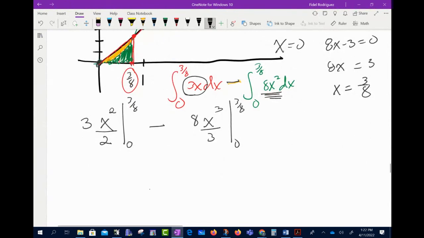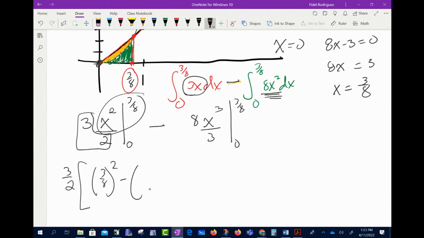Okay, so look, y'all, we're going to do this in pieces. I'm going to keep that constant on the outside. 3 halves, 3 over 2. And I'm going to evaluate x squared at 3/8. And I'm going to evaluate x squared at 0. I'm going to do the same thing over here.